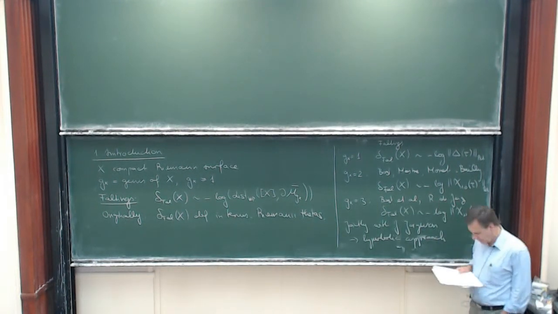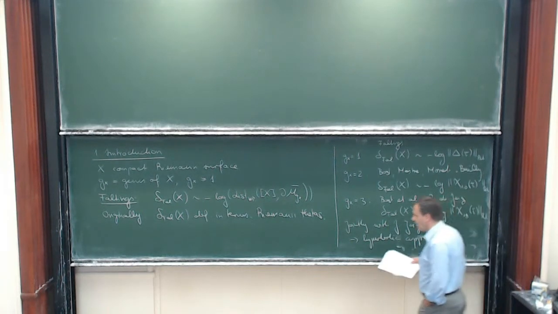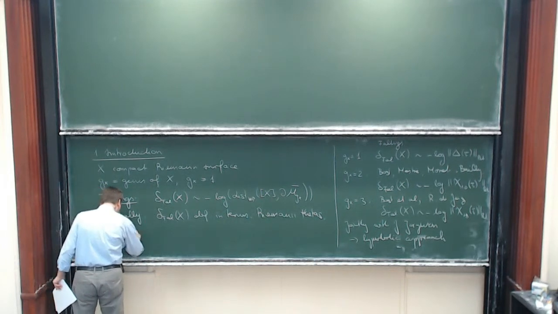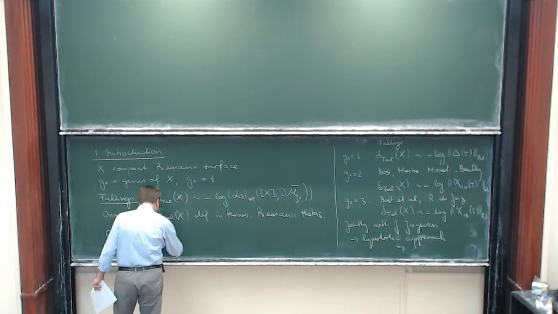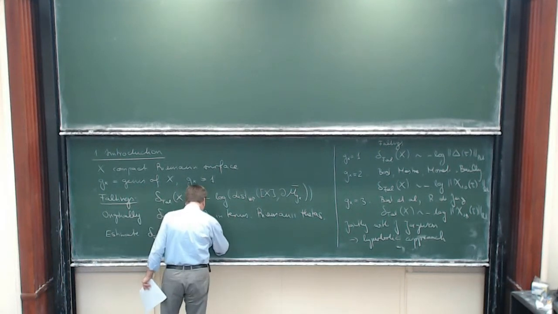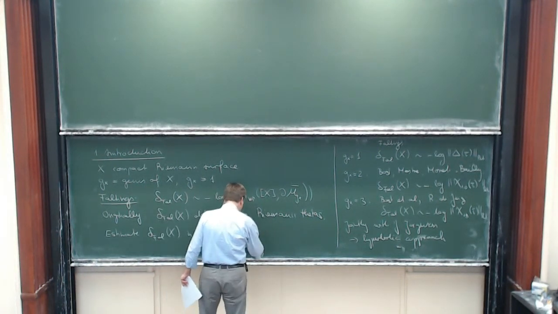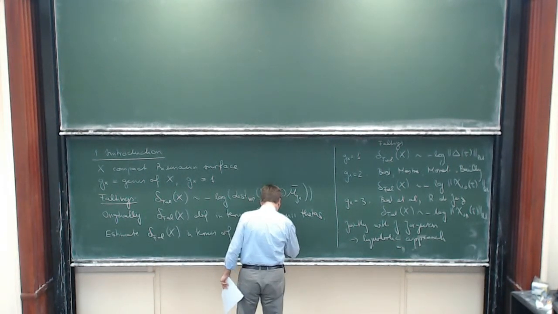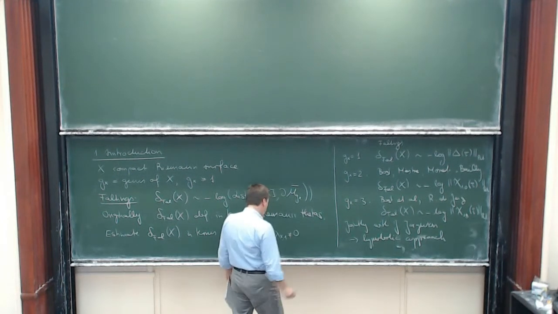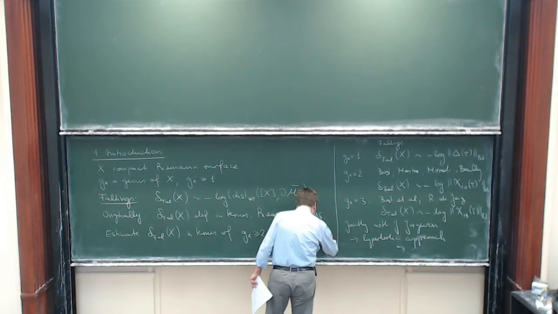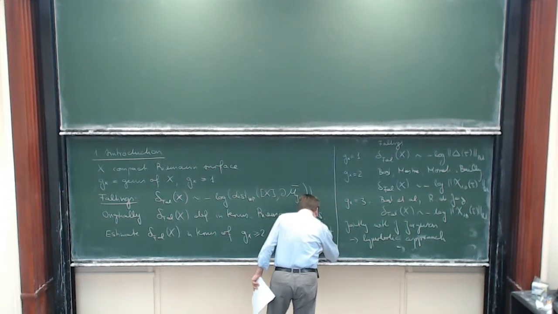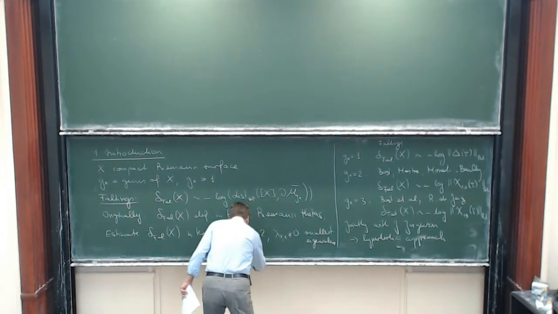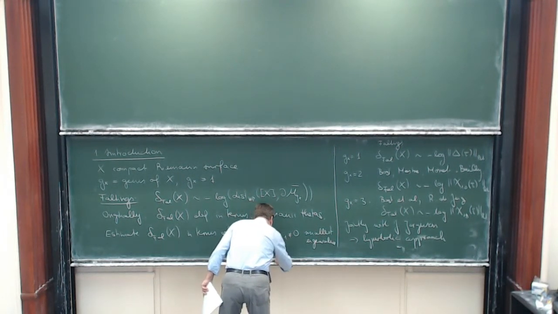And then the next task was really to get an estimate of Faltings delta in terms of the genus of X, which I now assume bigger or equal to 2, the smallest non-zero eigenvalue of the hyperbolic Laplacian, and what I call L_X, the length of the shortest closed geodesic.